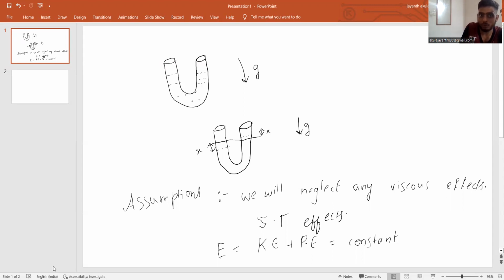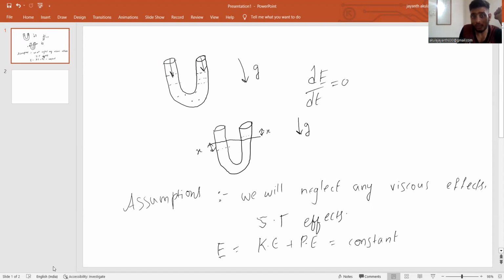Also, there is an atmospheric force acting at both the ends, but the work done at the left end is equal to the negative of the work done at the right end. So the net work done by the atmosphere is zero. So there is no work done on the liquid, right? So the kinetic energy plus the potential energy is constant, and dE by dt will be zero.